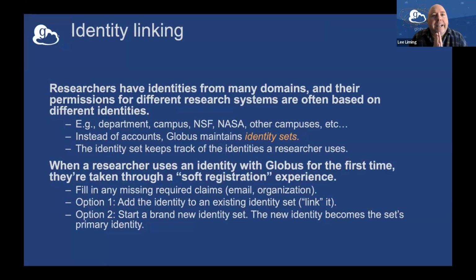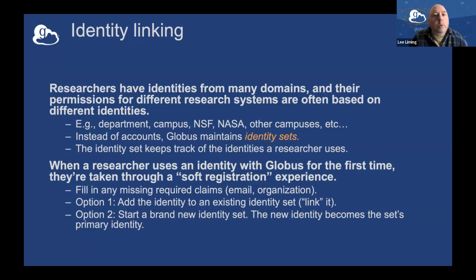Globus Auth uses identity linking. The reason we do that is because researchers tend to have identities from many different organizations, not just a single corporation that they work for, but different campuses that they have appointments at, national facilities that they have access to through national allocation systems, other campuses where their colleagues work, and research federations that they are members of.